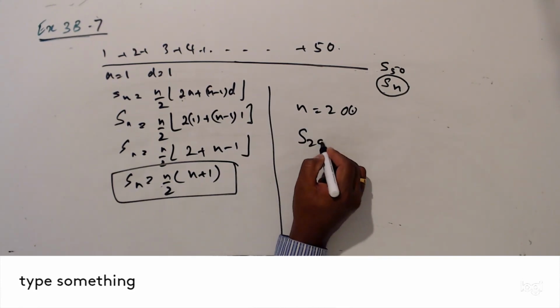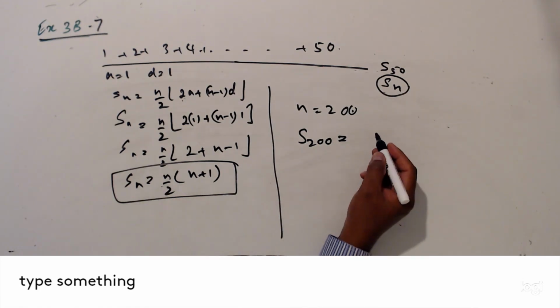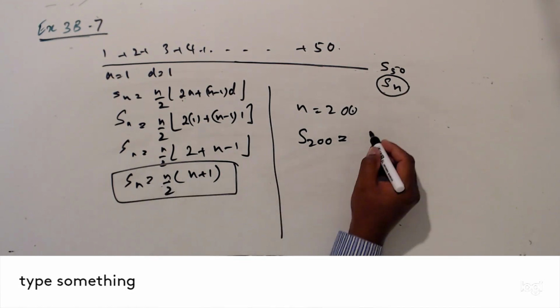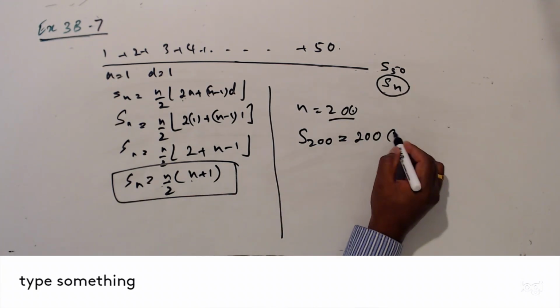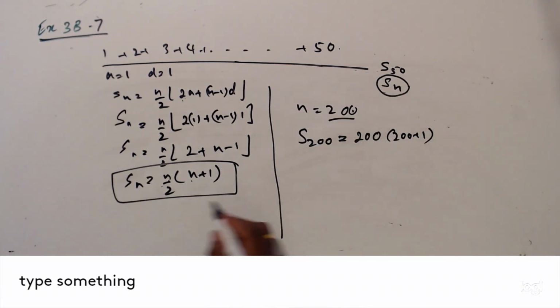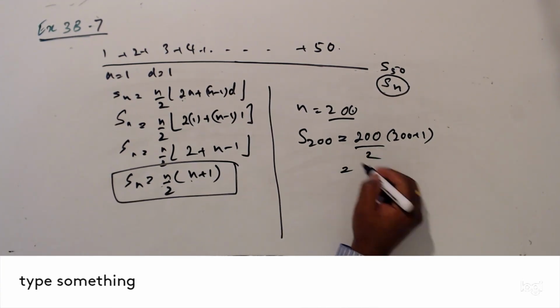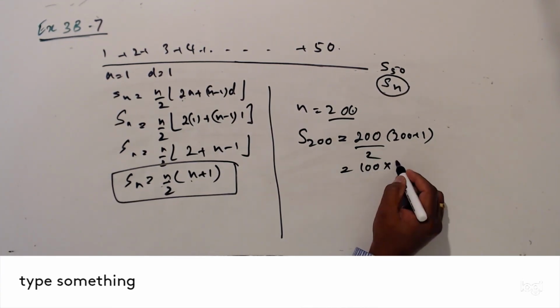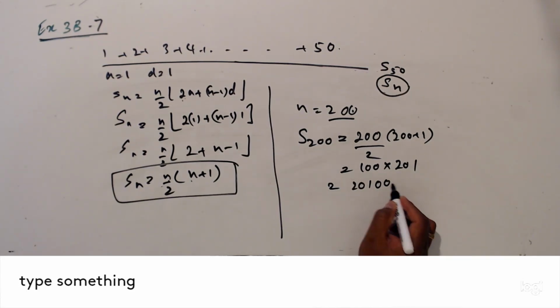Then you want S200. Simply you can work out with this formula. The formula is n is 200, then 200 plus 1, and divide by 2. Basically this is 100 times 201.